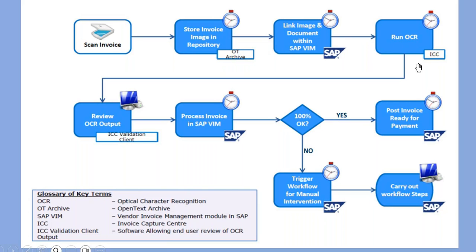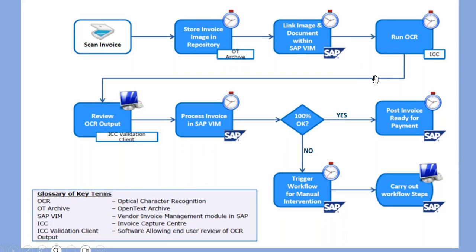Next, we are trying to understand the OCR. Once the invoice is submitted in the validation tool, it will come into VIM with pre-filled information.